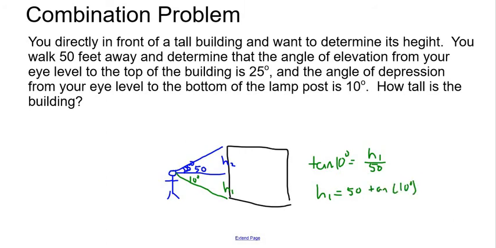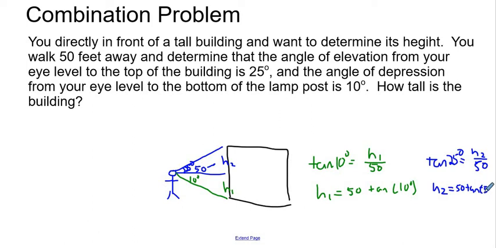We do a similar thing for this one. We're going to have 25 degrees though, so tangent of 25 degrees is going to be equal to its opposite, which is h2, or the second height, divided by the adjacent, which is 50 again. So height 2 is equal to 50 tan 25 degrees.